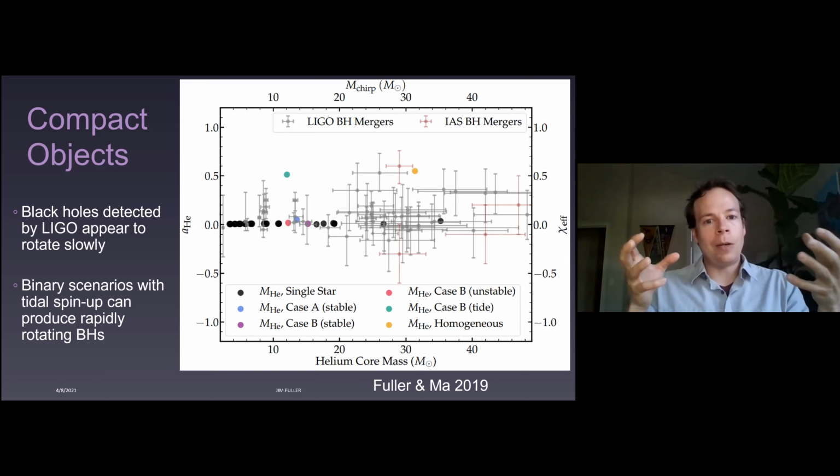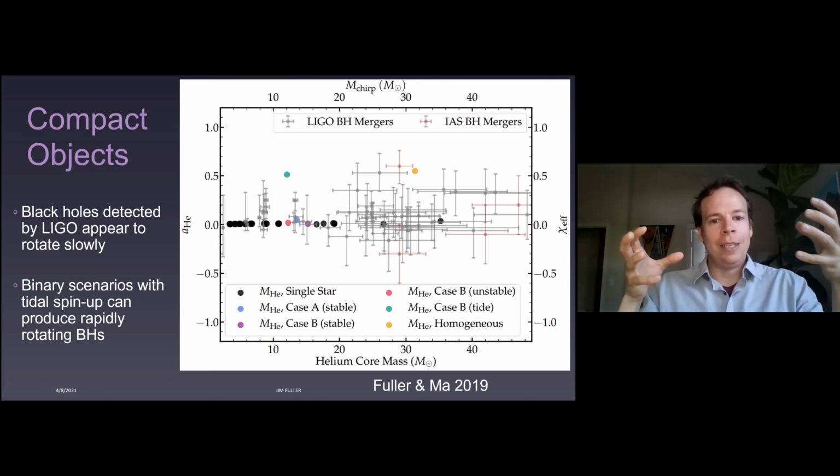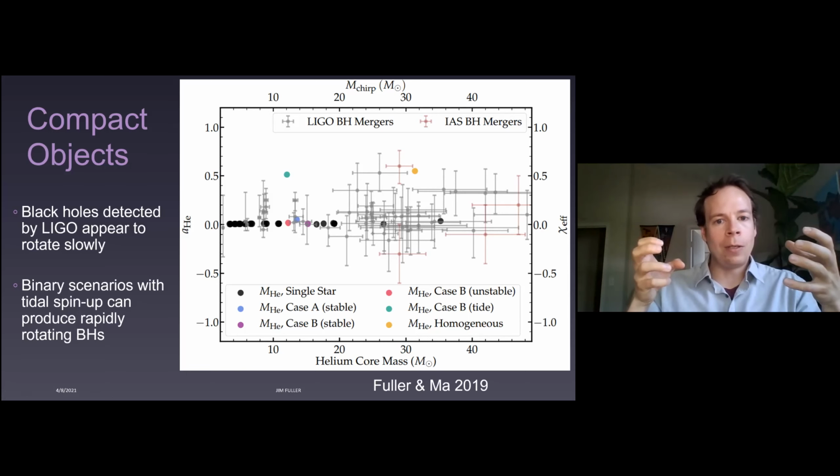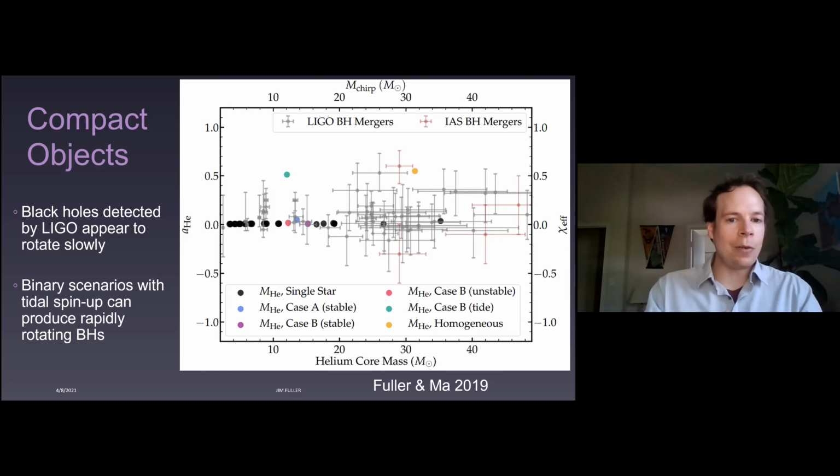Remember, all these observed events are binary black holes, so before the star forms a black hole, it's going to be in a close binary, in many cases with another black hole. That means it can get tidally spun up, which adds a bunch of angular momentum back into the star and allows it to be rapidly rotating when it collapses.